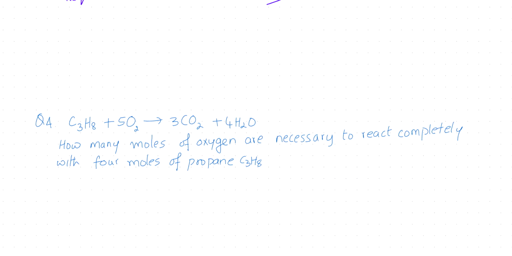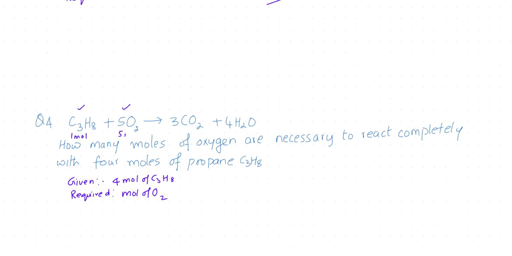So given amount is 4 moles of propane, C3H8, and required is how many moles of oxygen. So they're asking moles of oxygen. There is comparison between propane and oxygen. So what is the mole ratio? 1 mole of propane requires 5 moles of oxygen.